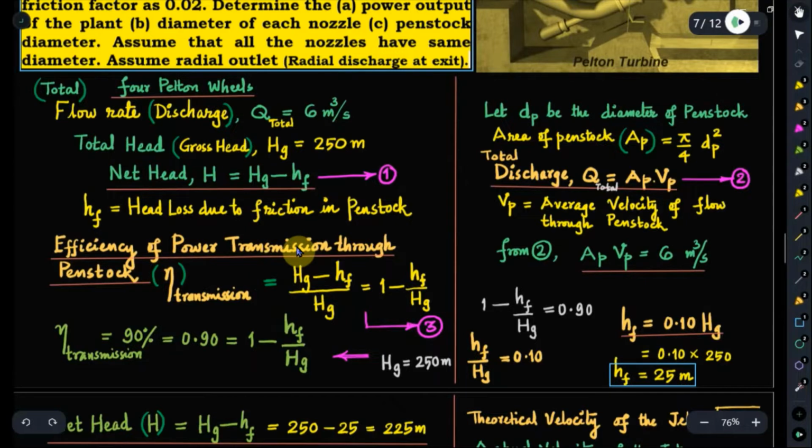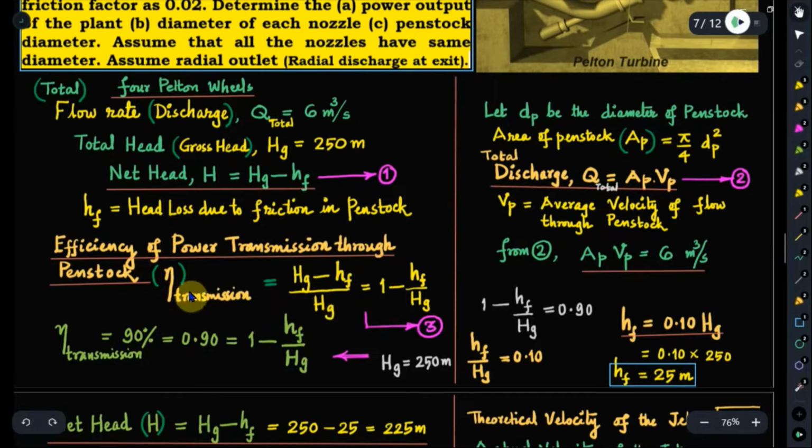That is rho Q G into the head available at the outlet. Then power available at the inlet will be rho Q G into H available at the inlet. Therefore, the power available at the outlet will be rho Q G into capital H divided by, at the inlet, rho Q G Hg.